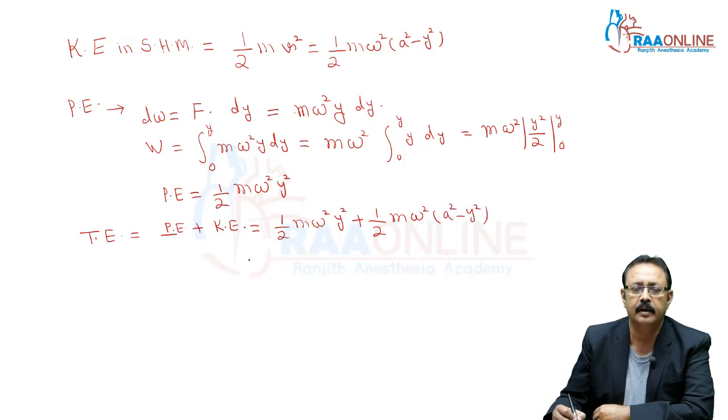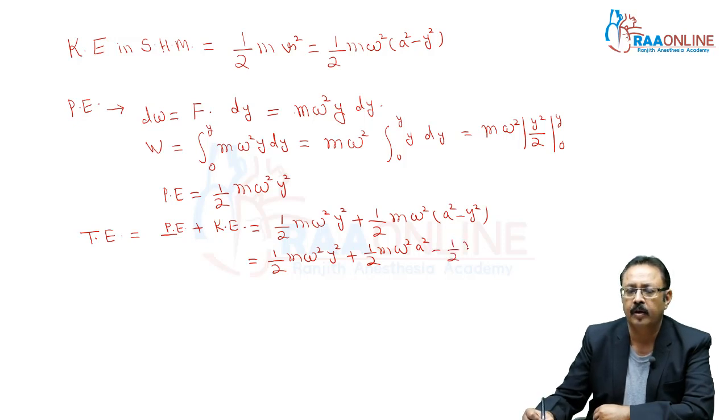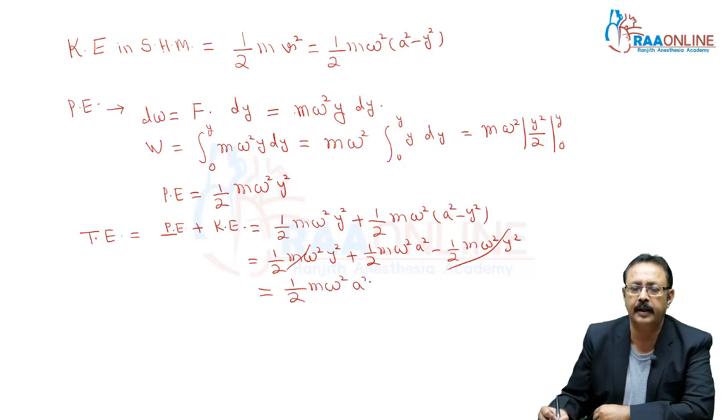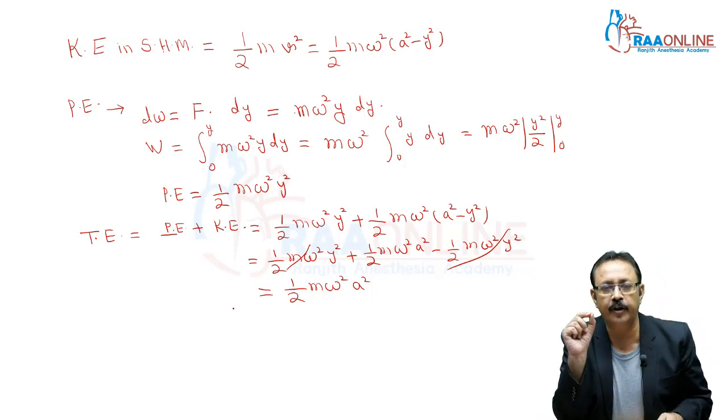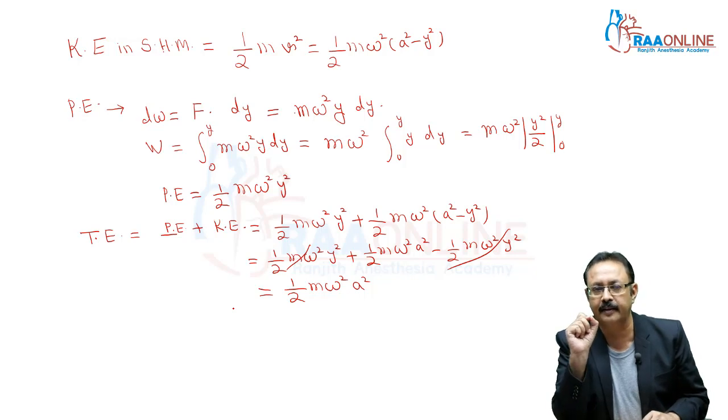It means half m omega square y square plus half m omega square a square minus half m omega square y square. So, what we are getting? Finally, we are getting half m omega square a square.